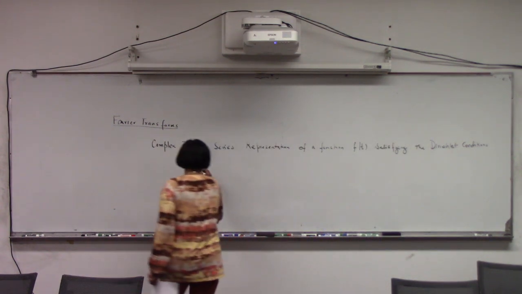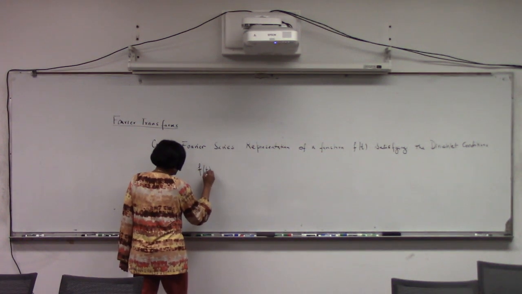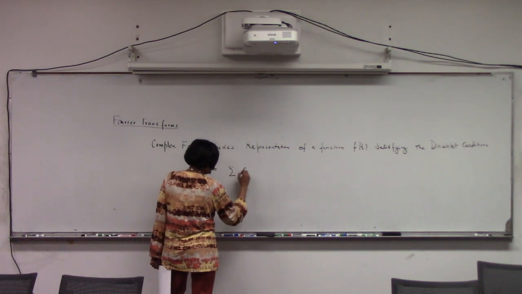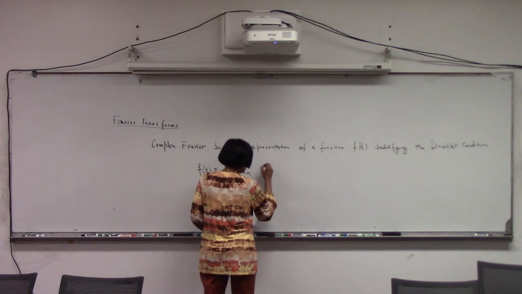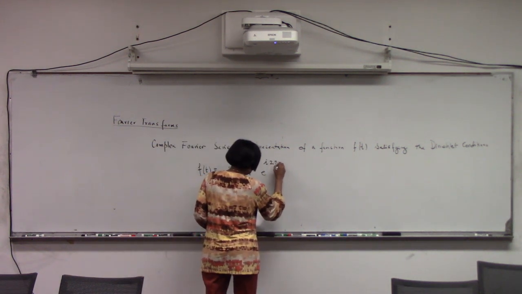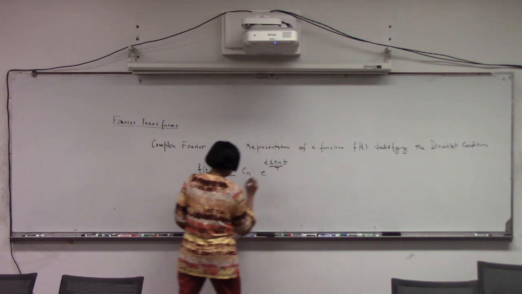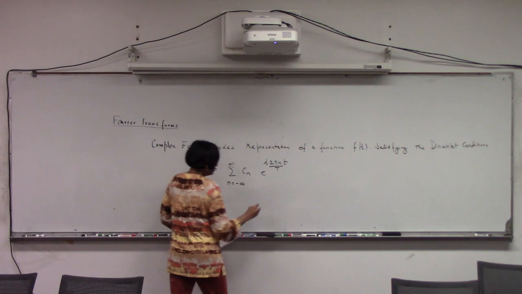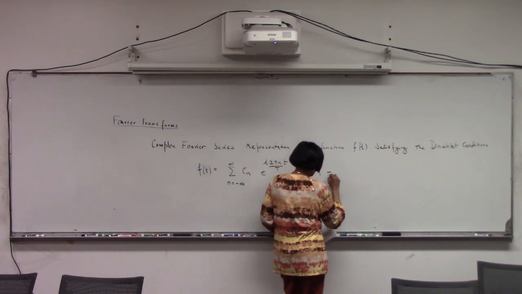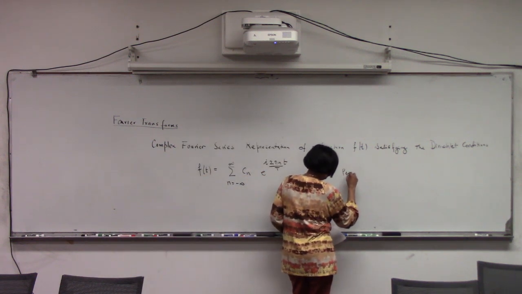So we know that f of t can be written as some complex Fourier coefficient Cn times exponential of i 2 pi n t over T, n going from negative infinity to plus infinity, where T is the period of this function.